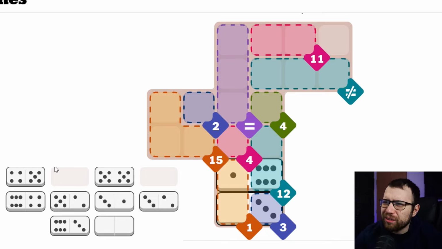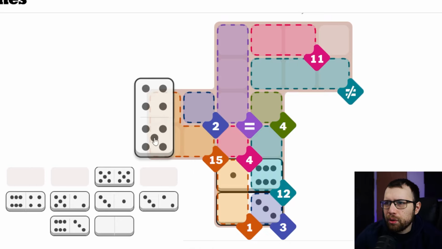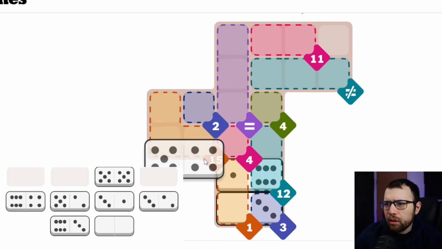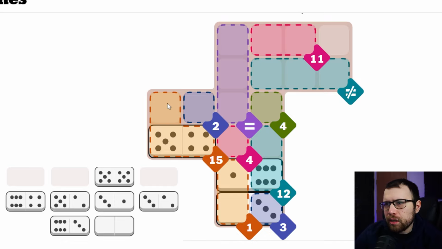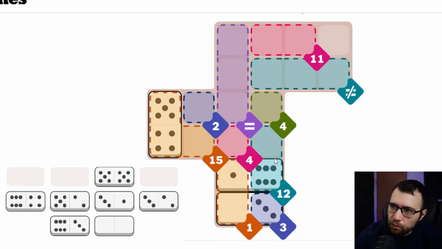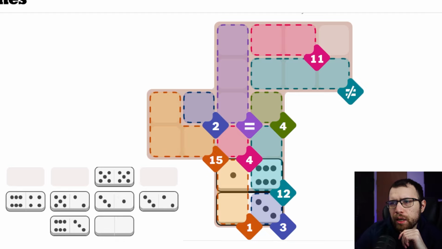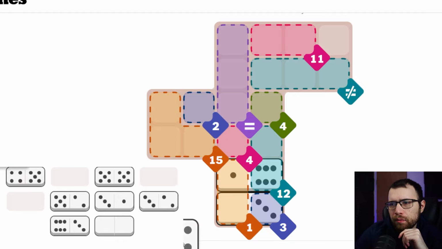Ooh, wait a minute. 6-5-4. But again, if we put the 4-6 in here, we would still need the same problem, which is getting a 6 connected to either a 2 here or a 6 connected to the 4, which we can't connect the 6 to the 4 because that has to go over here. Or here. So again, we can't do this, and we can't use the 6-4 for the 6-4-5. Okay.